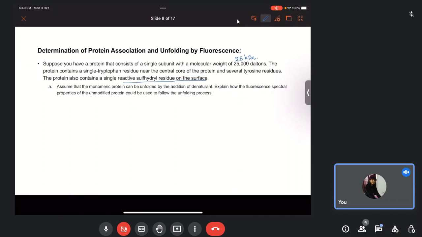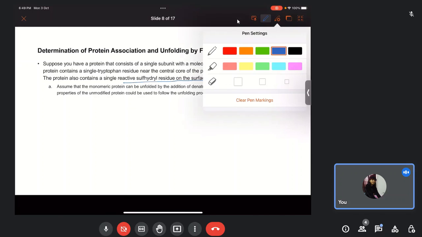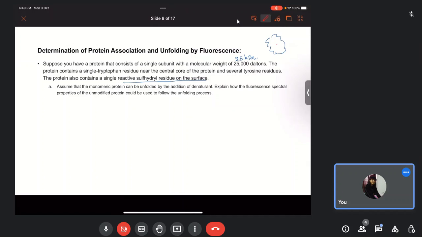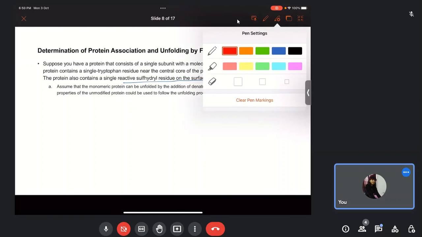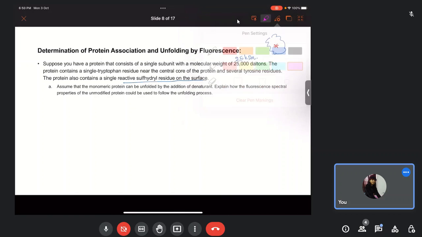So consider this to be our protein, and we have a tryptophan over here, and we have several tyrosine residues.